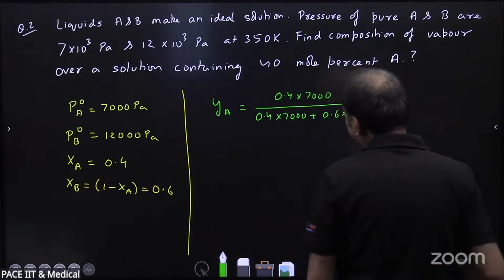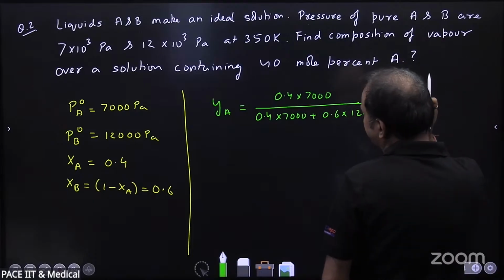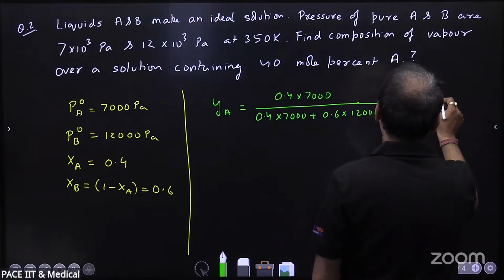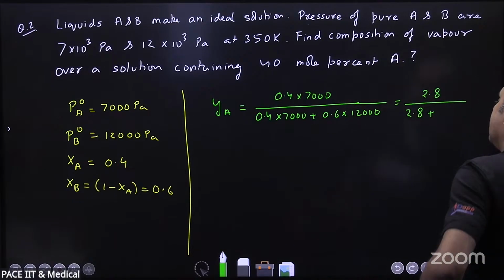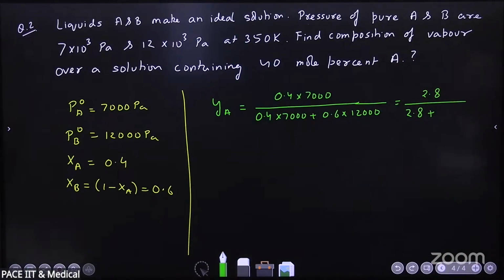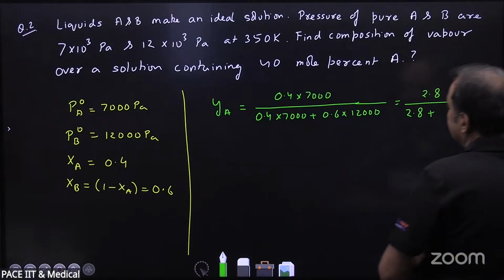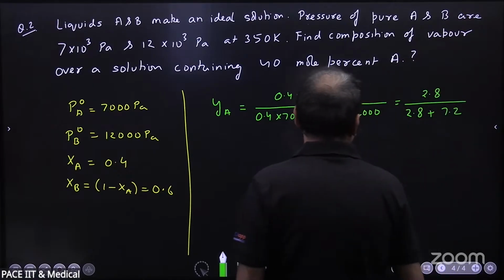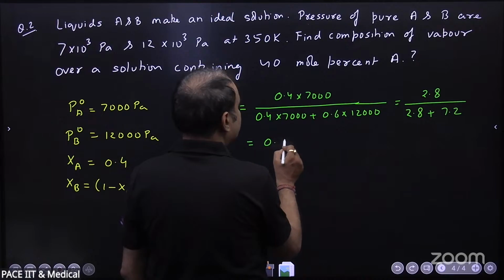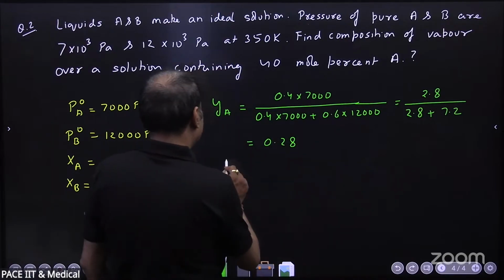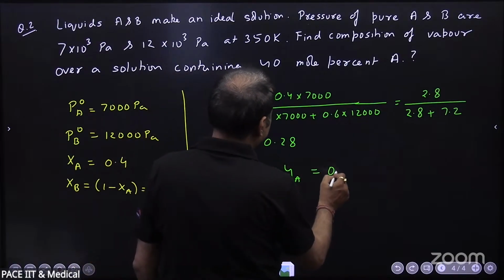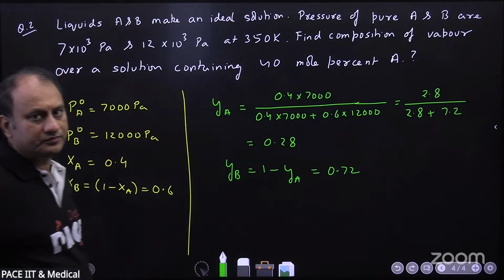How much will this become? 1,000 cancels out throughout the equation. So 0.4 into 7, 2.8 by 2.8 plus 0.6 into 12 will be 7.2. So YA comes to 0.28. So YB, we can calculate 1 minus YA. That will be 0.72. Okay.